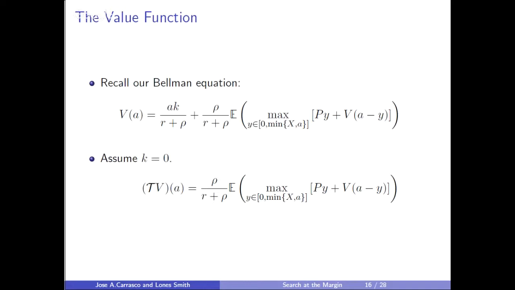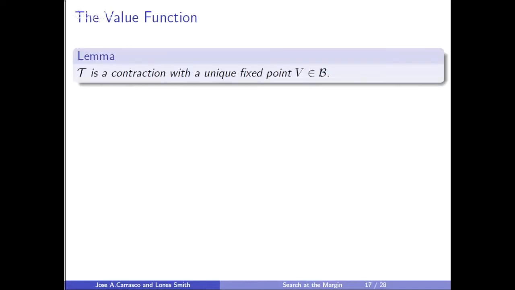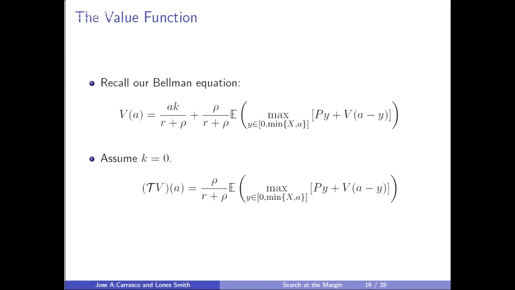So this is a contraction operator, and so we use contraction methods to characterize what value function solves that equation. This is an equation, but instead of solving for an x or a y, we solve for a function, right? And the first lemma is that this is a contraction and has a unique fixed point, which means that there's a solution for that equation. A V function exists that solves that equation.